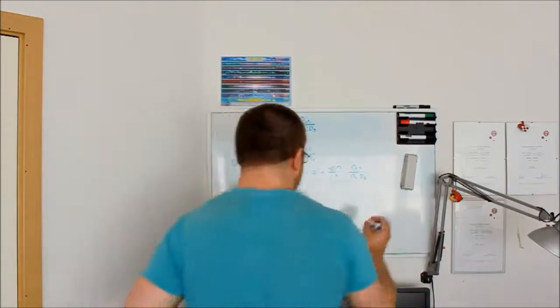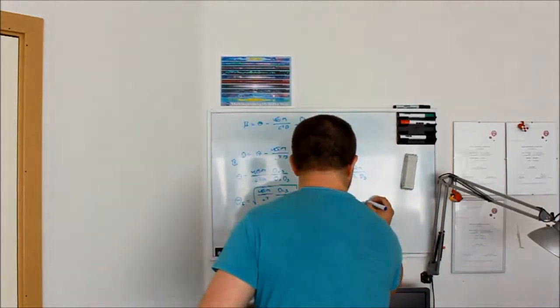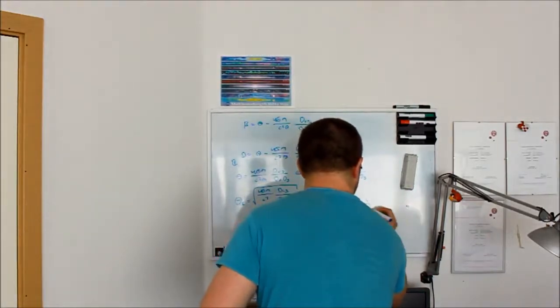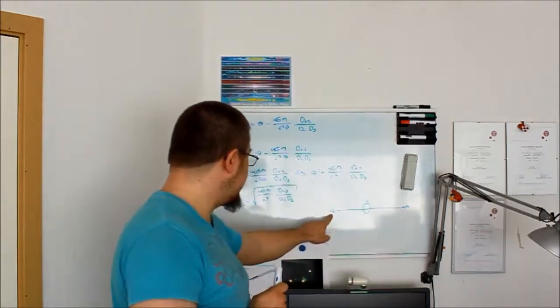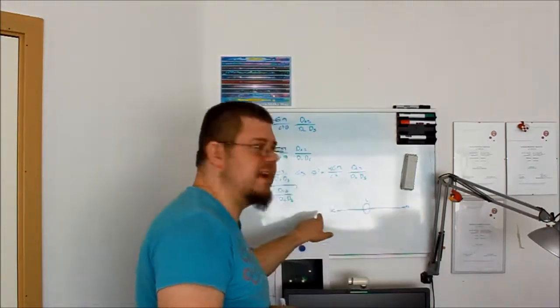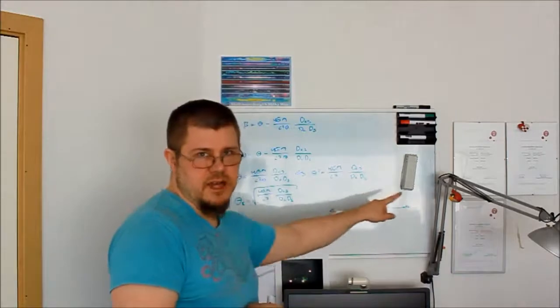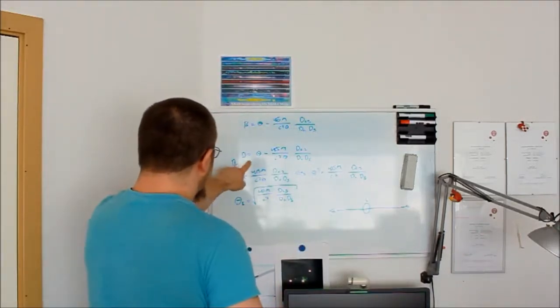That means if we have an observer here, then we have the lens here, and then we have the source out here. And all of these, the observer, the center of the lens, and the source lie on the same line, the line of sight. That is what we do here.